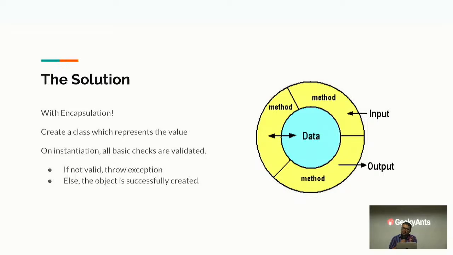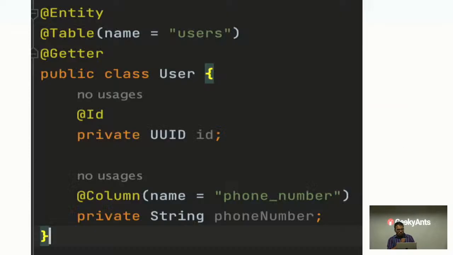These are the simple checks that you'll put into your code to ensure that the phone number is valid. So let's assume that there's a user and there's a phone number. You'll put up basic simple checks and try to say that this phone number is valid.